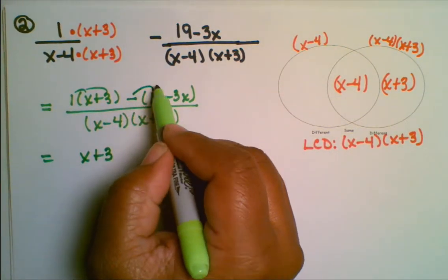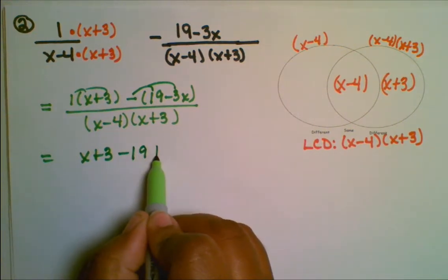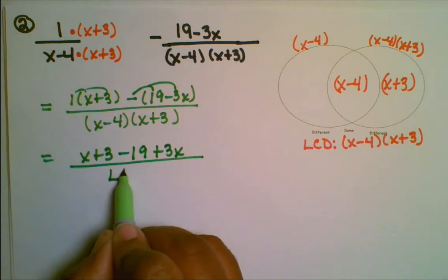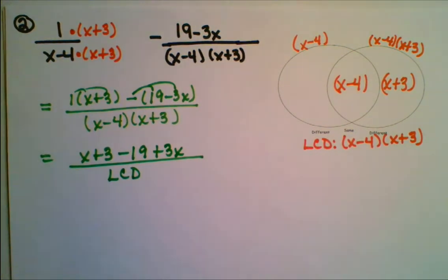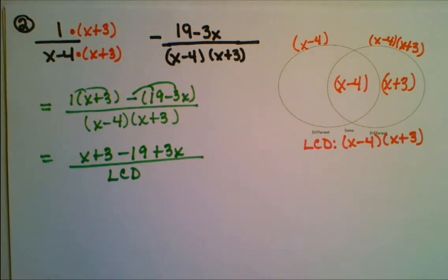Let's distribute the negative because we're subtracting. We have negative 19 plus 3x all over, and I'm just going to write the word LCD for a second because I need you to understand that once we find the LCD and do our converting, now our focus is going to be on the numerator. And we'll bring back the LCD towards the end as we write our answer.